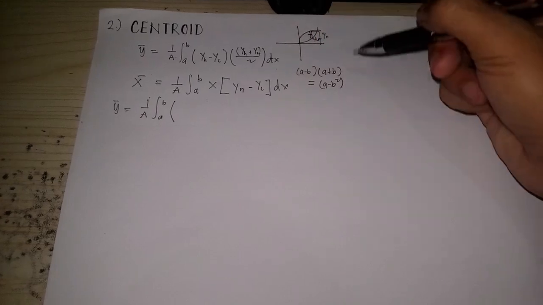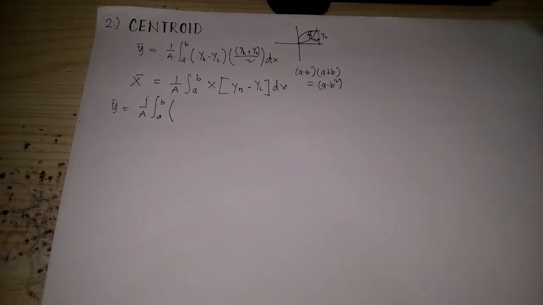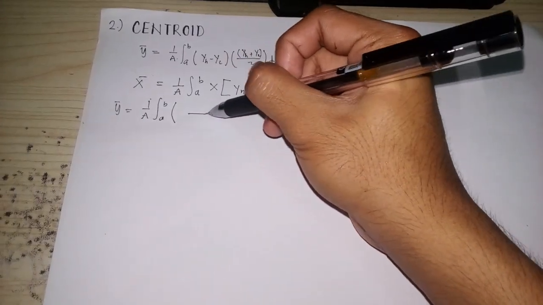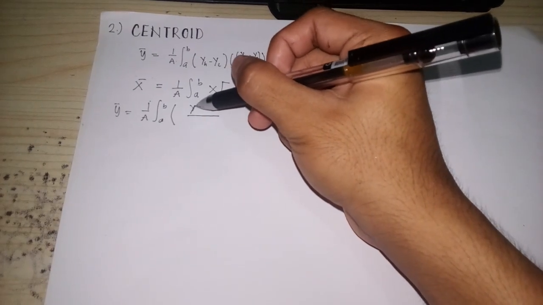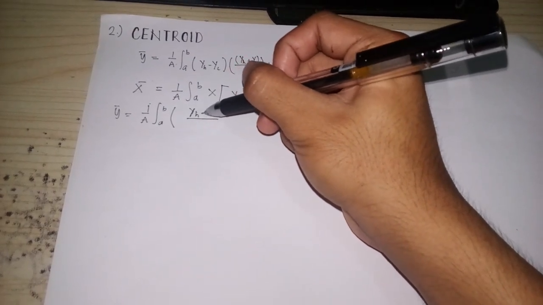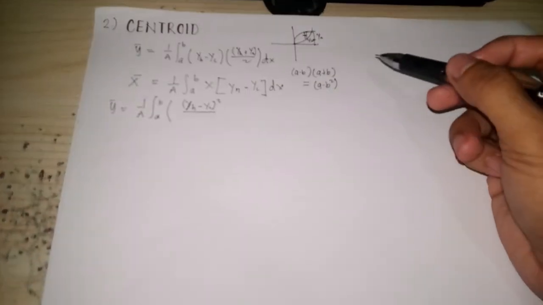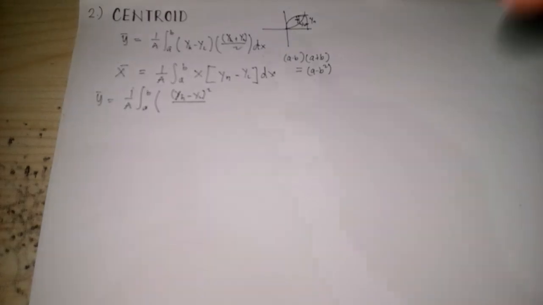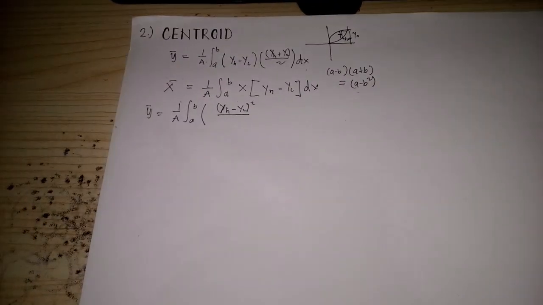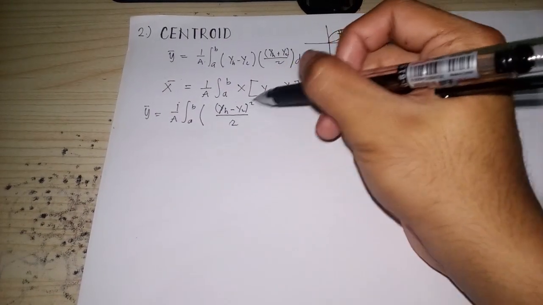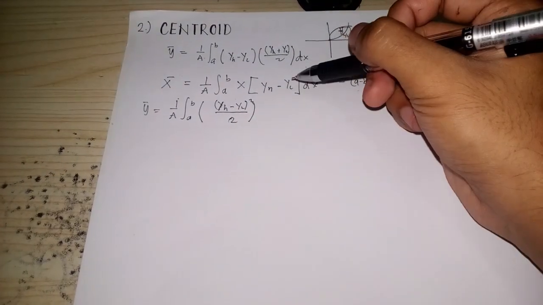So that's same right here. So now we only need to write this as y high minus y low squared here, since that's in the form here. So this is over 2, then over 2 dx.